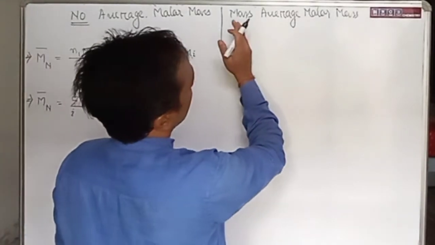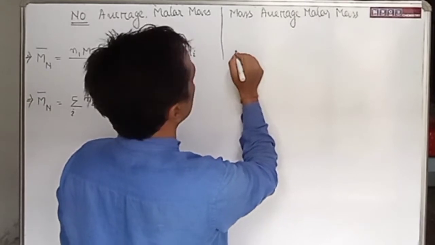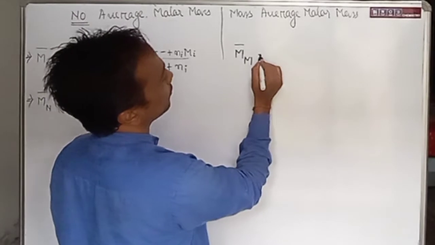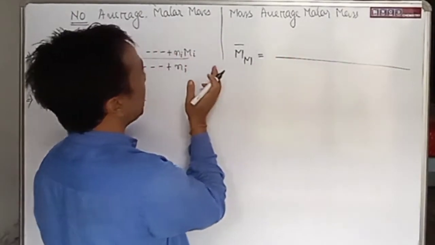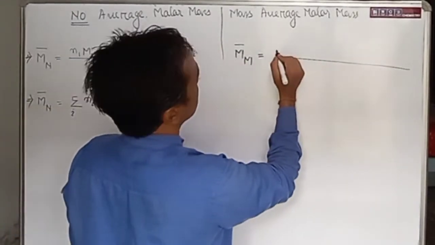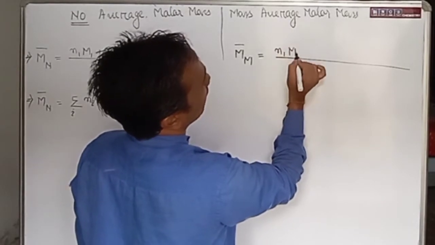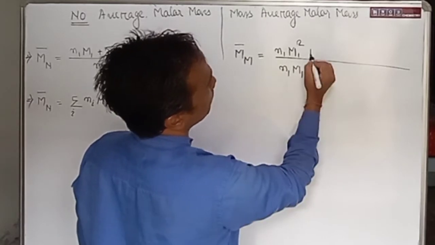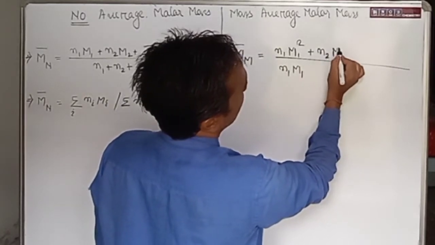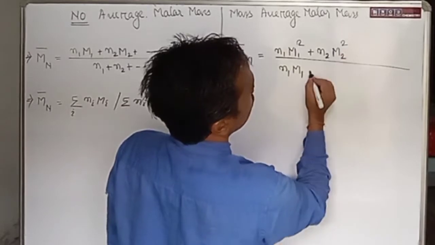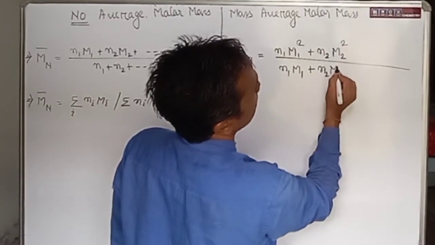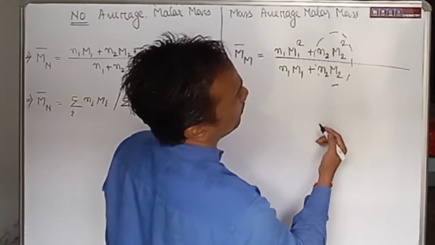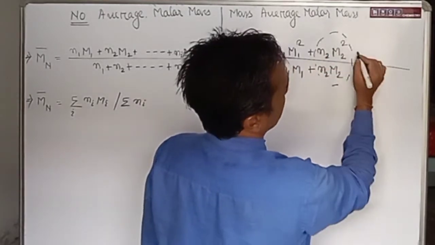Now for the mass average molar mass, I will give the subscript w with a bar, and you multiply each term with another mass. That means n1 M1 squared. Below, n1 is there, so M1 is extra. Here it is n2 M2, so I will make it squared, and below n2. That means you have to multiply one more molar mass on each one.